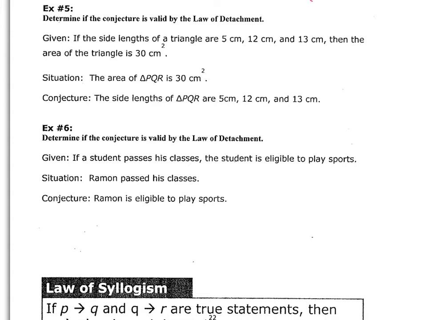Well, while we know that this may be true, you could also have dimensions that would be different, but would still produce an area of 30 centimeters squared. So just because you have an area of 30 centimeters squared, that doesn't mean that they have to be 5, 12, and 13 centimeters. They could be something different. So this would be not valid.